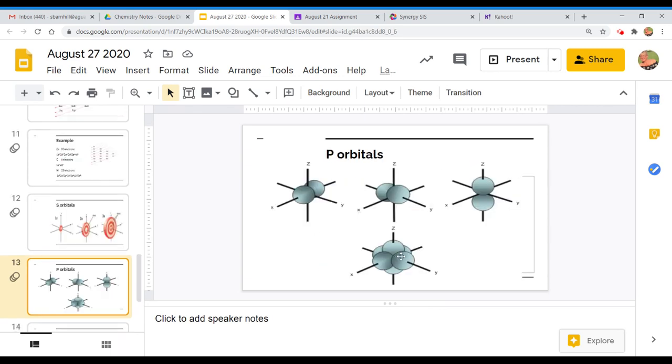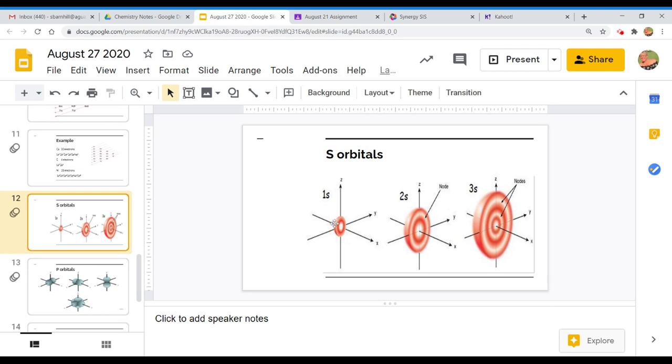Okay, let me show you a picture of the s orbital. The first energy level s orbital is small and surrounds the nucleus.